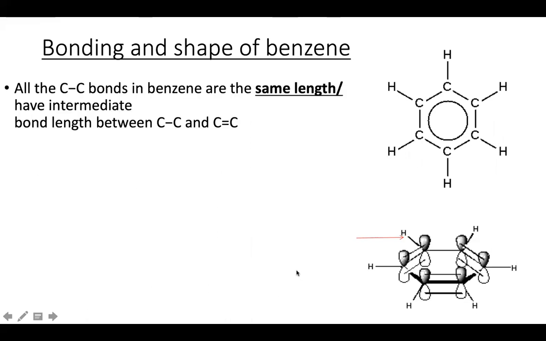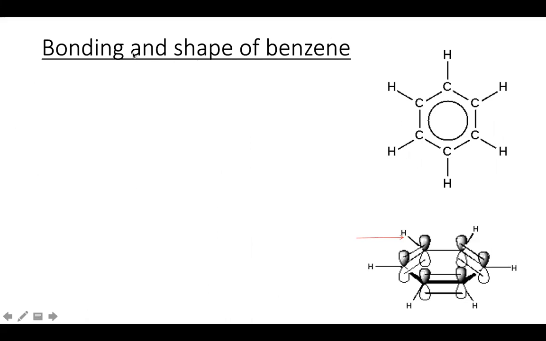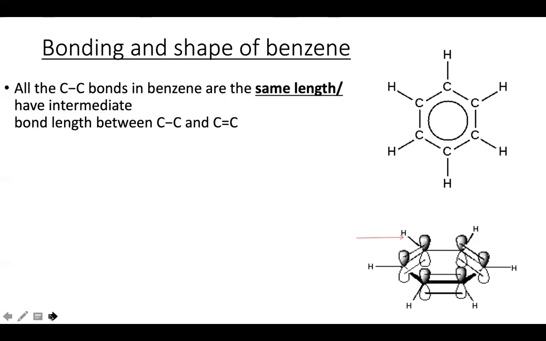Okay, so here are the features of bonding. That's the one that I explained to you before. This is the bonding in a benzene ring. Now, just to summarize the features of a benzene ring, the bonding and its structure. We know that the reason why we reject the Kekulé structure is because the carbon-carbon bonds inside your benzene ring all have the same length, which is 0.139 nanometer, okay?